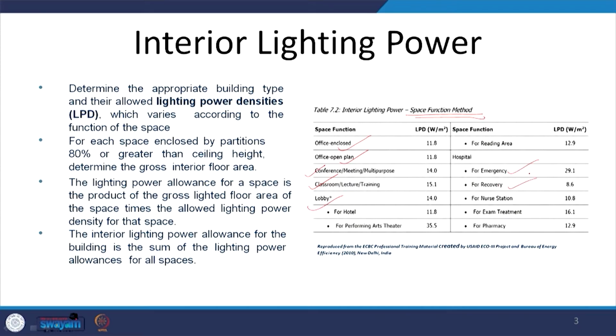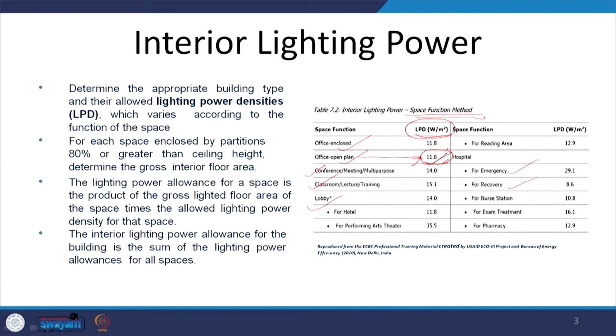So, there is a huge, long table, and for each of these spaces and functions, lighting power density has been prescribed. If we are looking at an open plan office, an LPD of 11.8 watts per meter squared is prescribed for meeting the interior lighting requirement. So, whenever we are talking about offices, the open plan area will have to meet the LPD given here.